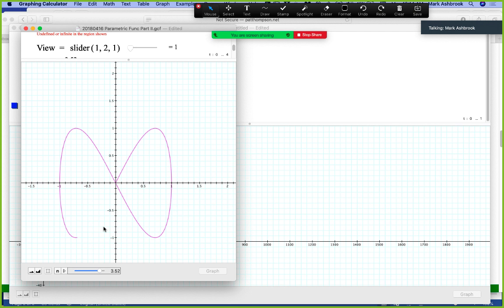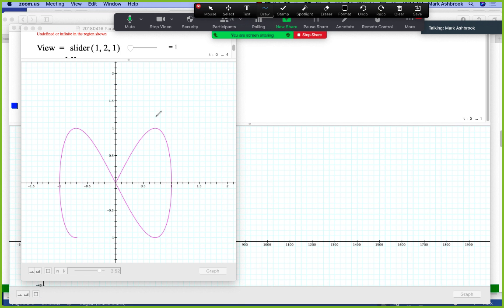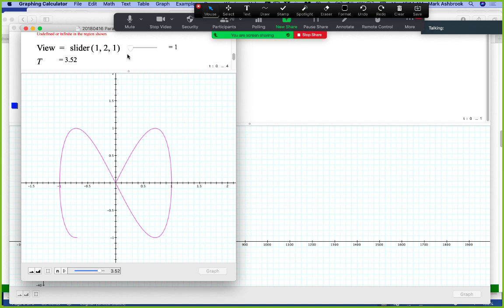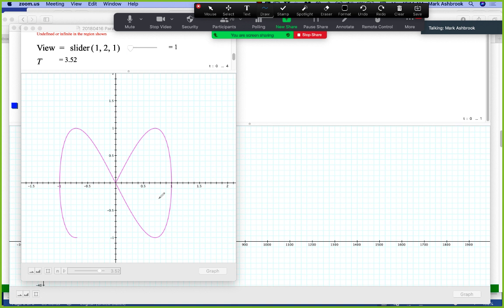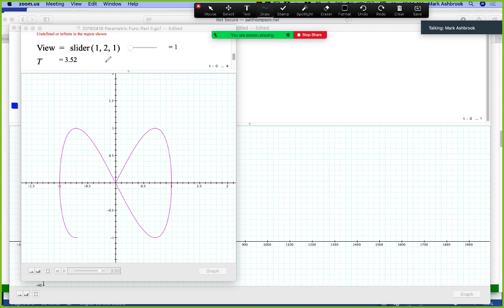Okay, so what she's saying is, given any value of t, right now, what's the value of t? 3.52. Yeah. Okay, right now the value of t is 3.52. For that value of 3.52, do I get exactly one result, or more than one result in terms of the dependent entity?